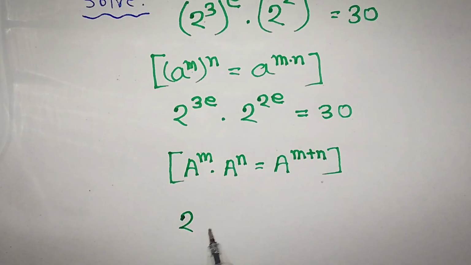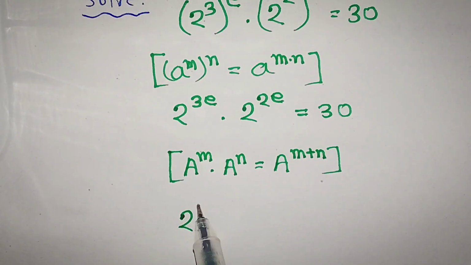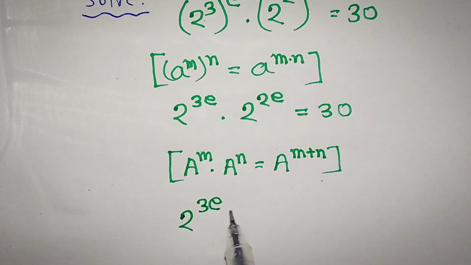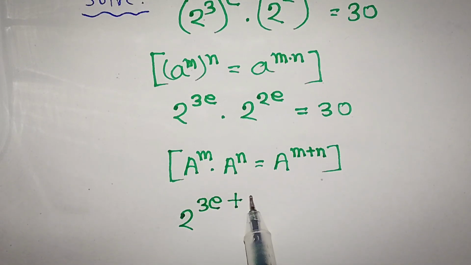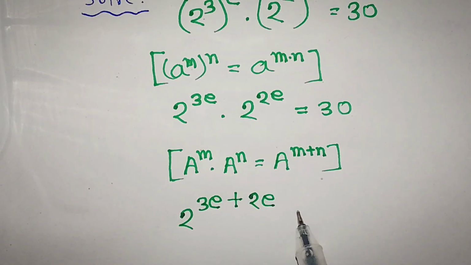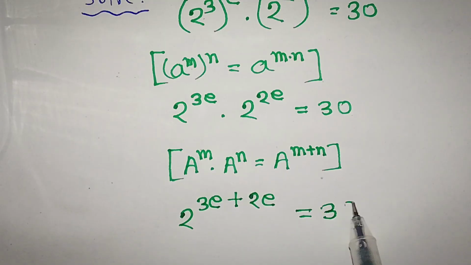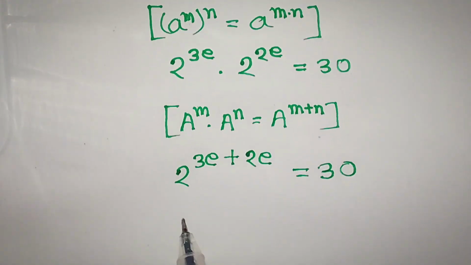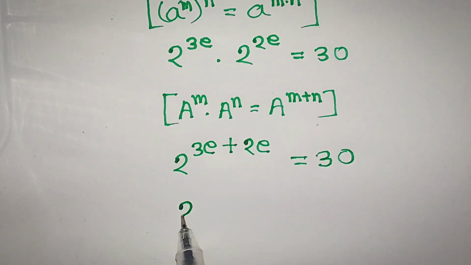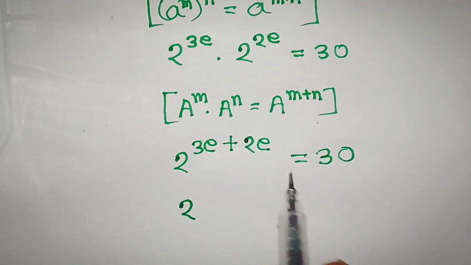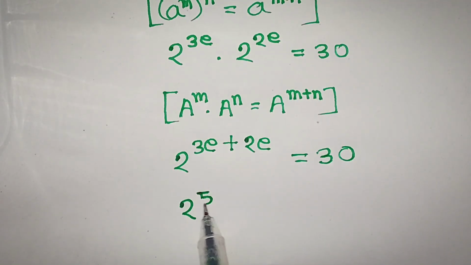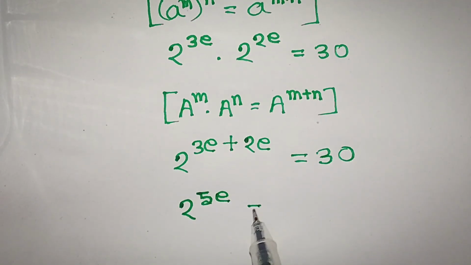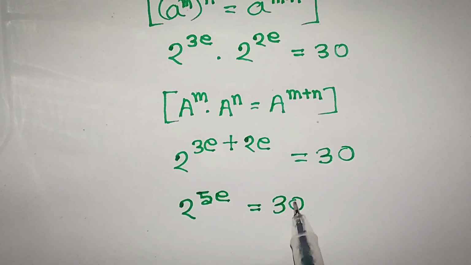By applying this formula, we can write 2 to the power 3 times e plus 2 times e equals 30. So after that we can write 3e plus 2e, equals 2 to the power 5e equals 30.